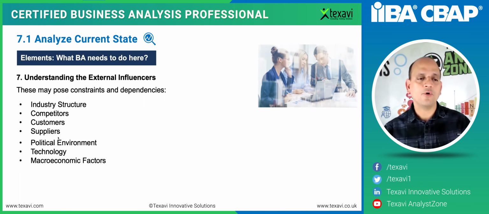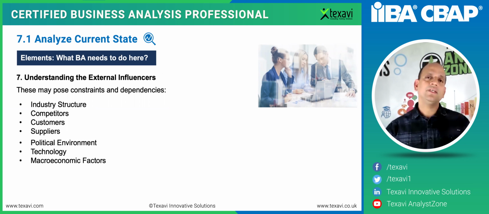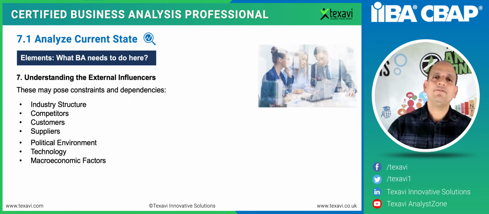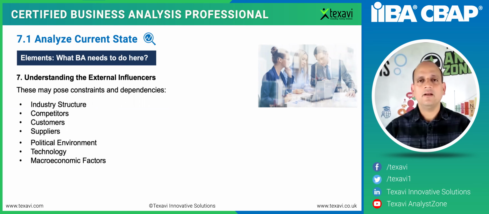For example, their raw materials and their inventory management, their order management, their purchase processes or policies could affect us as well, the tools that they're using. For example, if they're using ERP or some kind of specific technology on their end, then we are also bound to change. We need to be able to integrate with that.